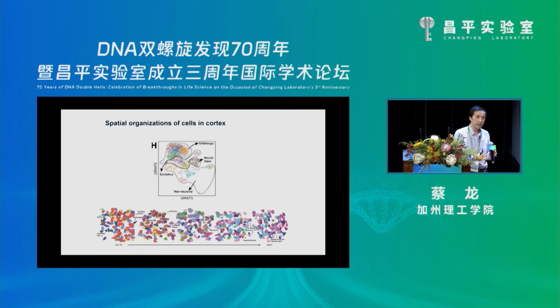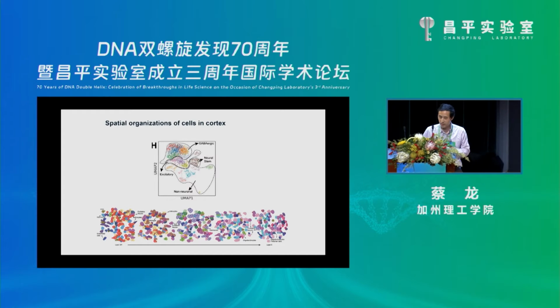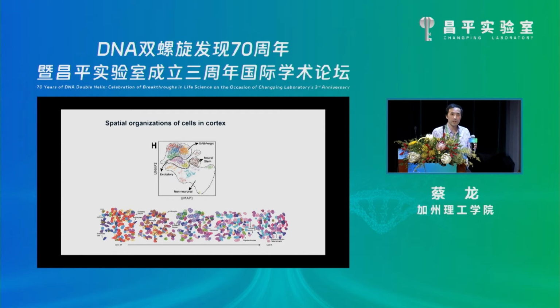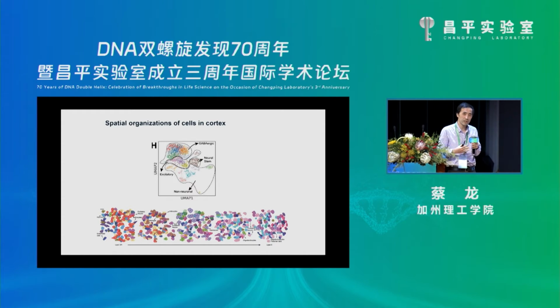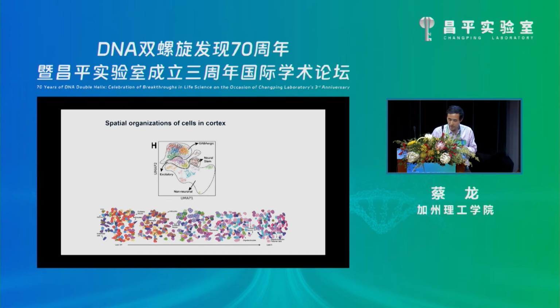And because you can now extract the transcription profiles of these cells based on the images, you can cluster the cells, get these different cell type definitions, and across the mouse cortex, you can get the different cell types, the neurons, the glia cells, and so on, and you see this organization in the tissue.